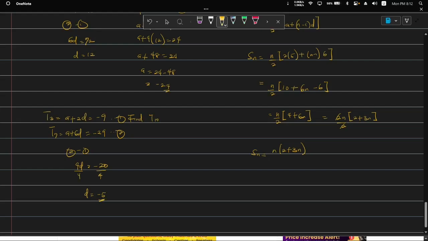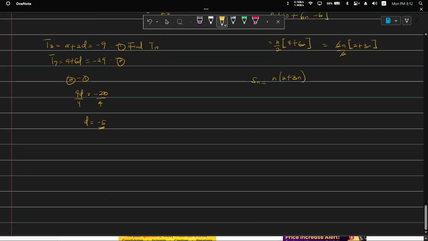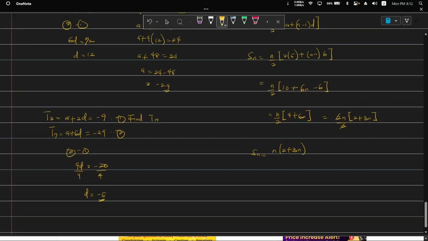Are we together? Yes. Now that we have d, we can find a. So we can substitute for d in, let's say, equation 1. I'm going to be having a plus 2d is equals to minus 9.